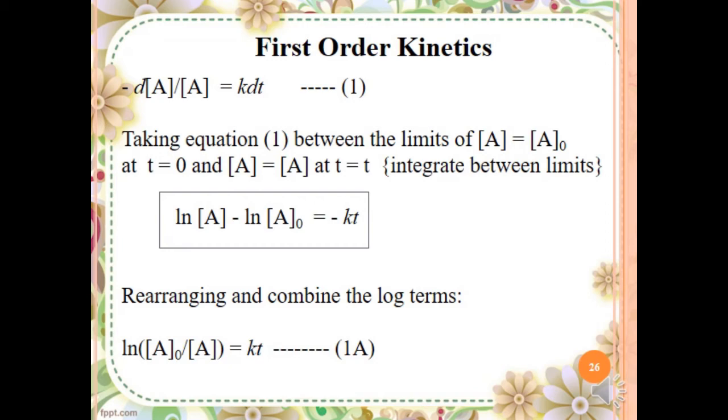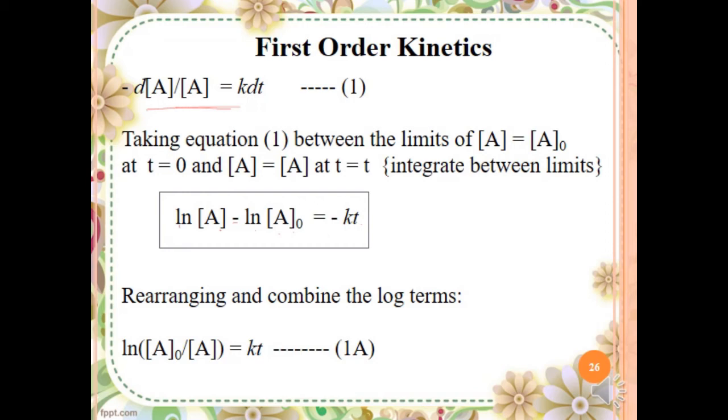So we have ln A minus ln A naught equivalent to negative kt. This is after integration of this rate law. We rearrange this and we get ln A naught divided by A equivalent to kt.